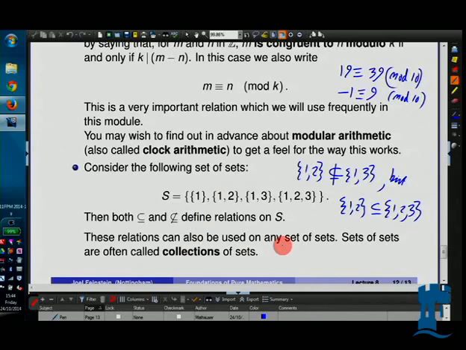Any collection of sets you take, you can use these relations on that, and it'll give you a pair of relations. These are sort of inclusion relations. You could also do them the other way around, by the way. There's also this pair of relations as well. This is the superset relation, which means that the thing that's mentioned second is a subset of the thing that's mentioned first.